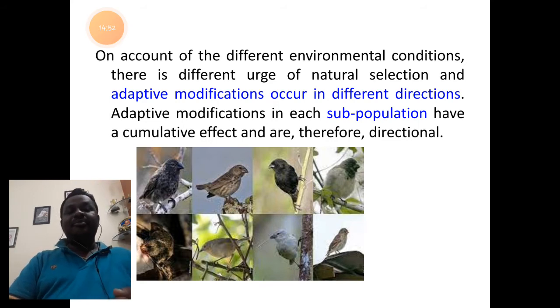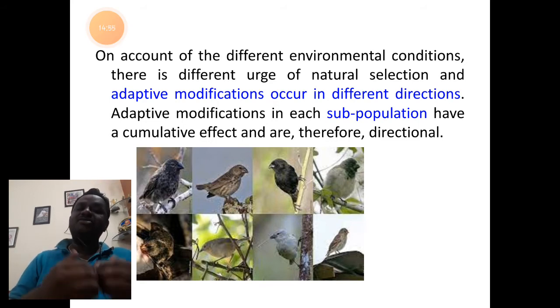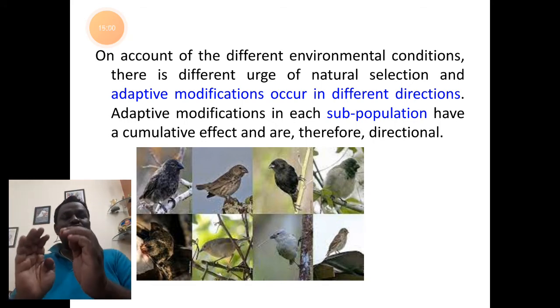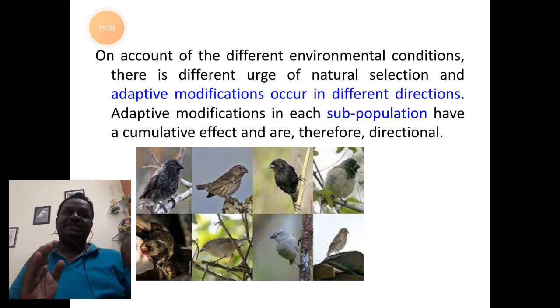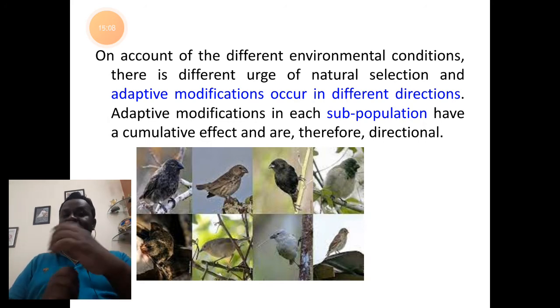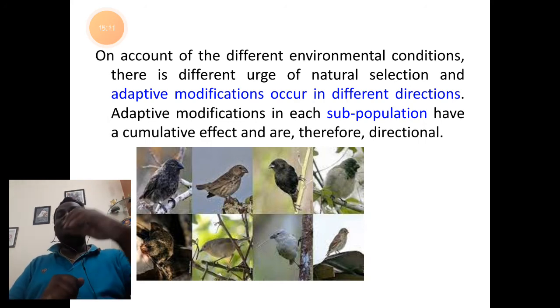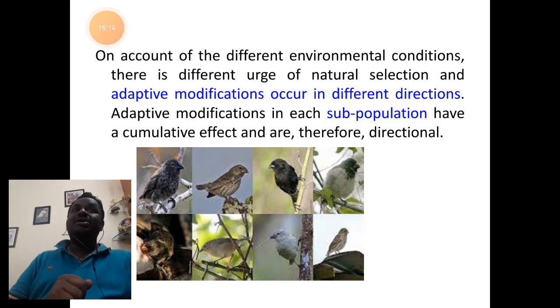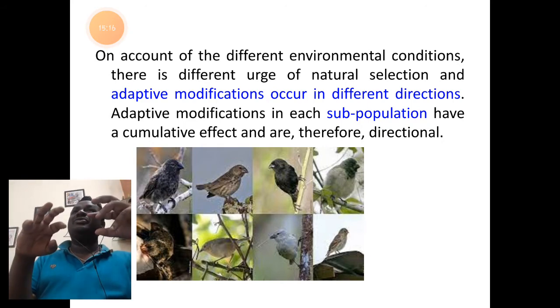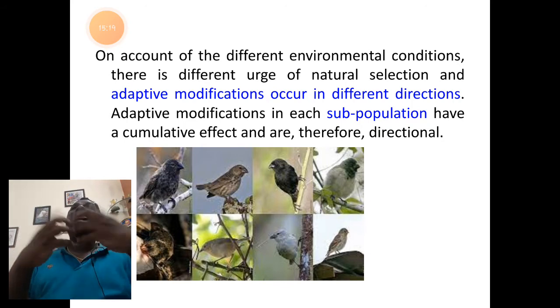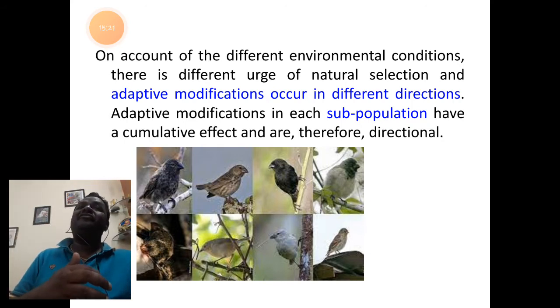After these adaptive changes enter into the subpopulation, the character needs to be again brought into changes, again needs to undergo mutation. This is what we call the cumulative effect. Students, remember, the environment needs to show a constant pressure on the organism to become the fittest or adjustable to that environment, accepted by nature, which we call natural selection.